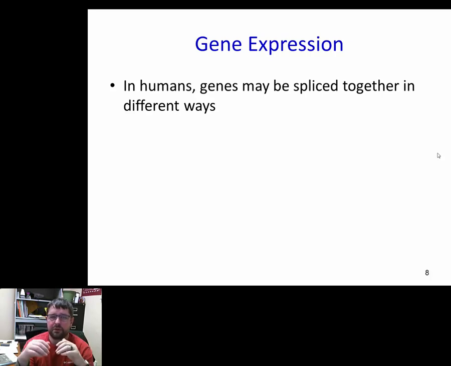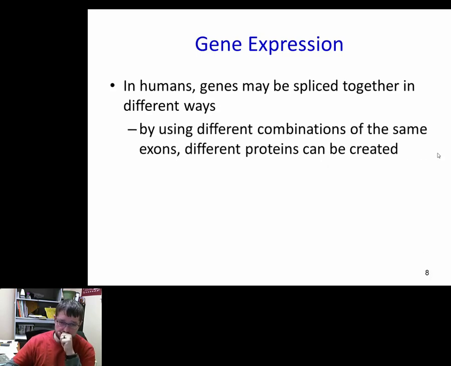So in other words, you might have one gene that occurs on a chromosome, but depending on how it is spliced together, it can give you a different reading frame, a different amino acid sequence. Okay? So it means that we can get different proteins from the same gene, from the same exon region. You can get different proteins.